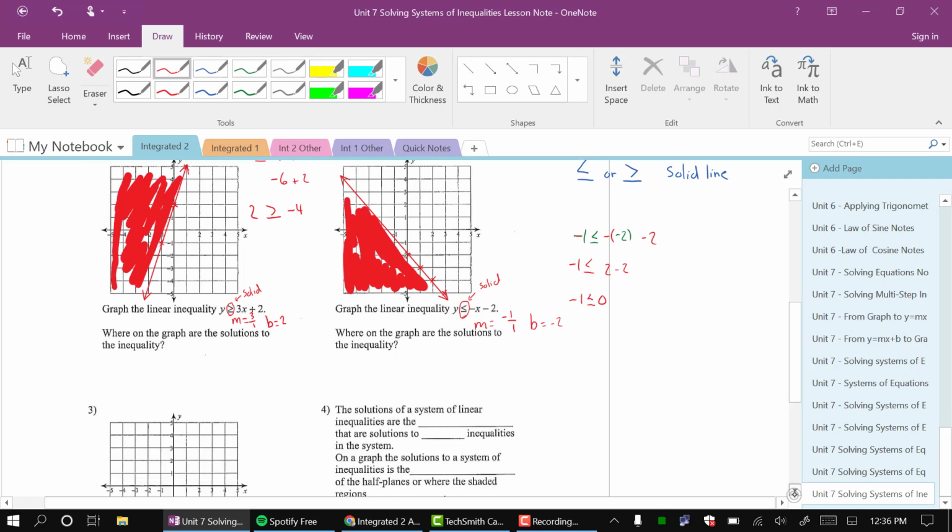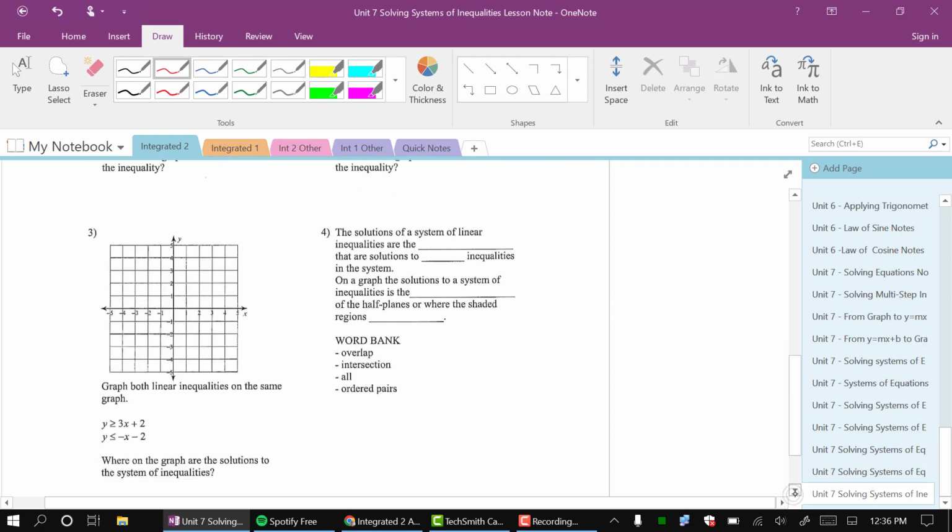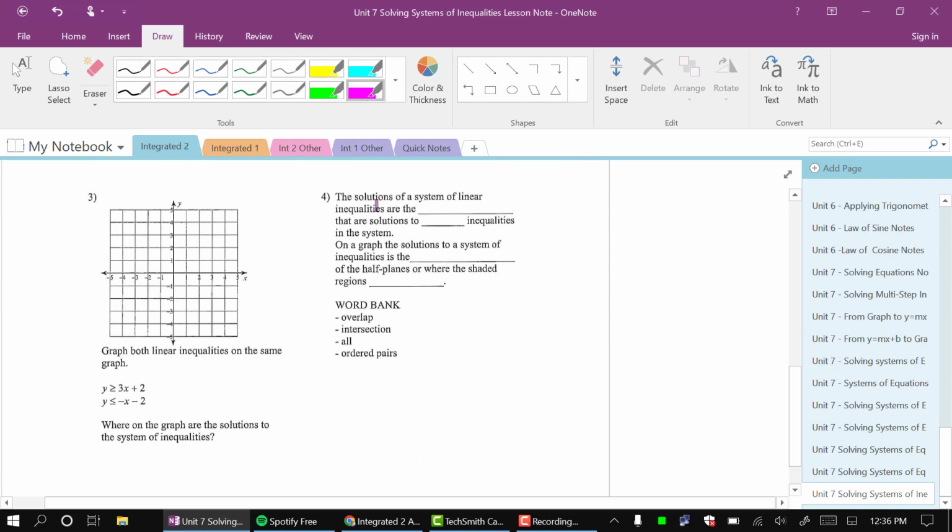Now let's go ahead and take a look at number 3. We're actually going to skip number 4, so don't worry about number 4. Number 3 says, okay, you've graphed both these out. Let's put them in the same graph. The first one was at 2, up 3, 1, 2, 3 over 1. So again, we're going to shade this in.